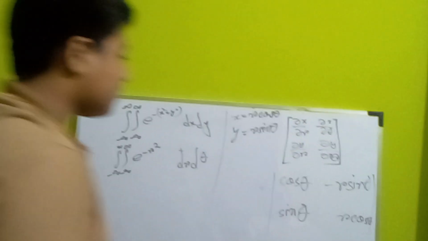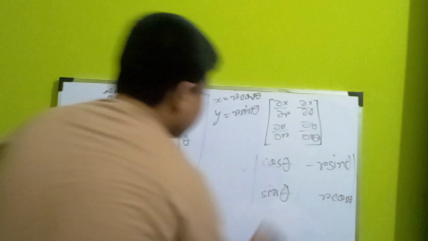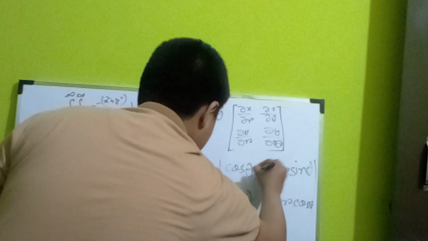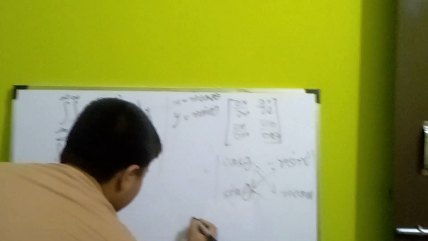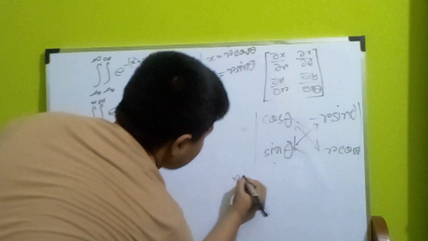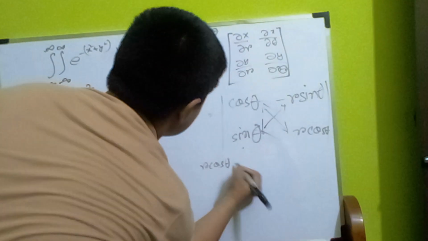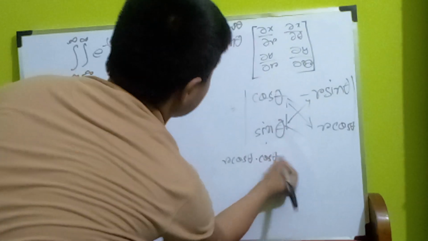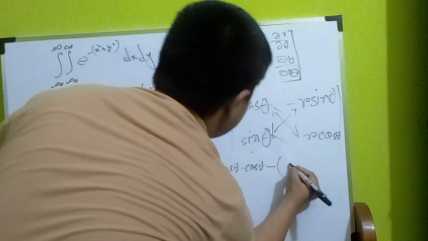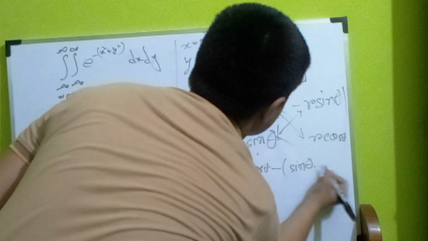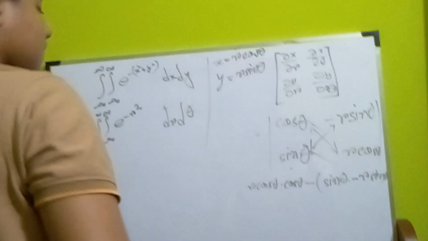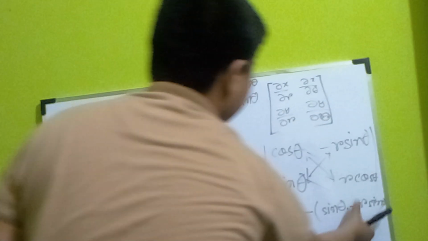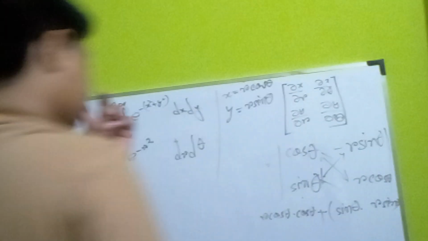And we know the determinant of a 2 by 2 matrix is given as the multiplication of these minus this times this. So this can be written as r cosine theta times cosine theta minus sine theta times negative r sine theta. Here you can see this negative and this negative are going to cancel out and give a positive.